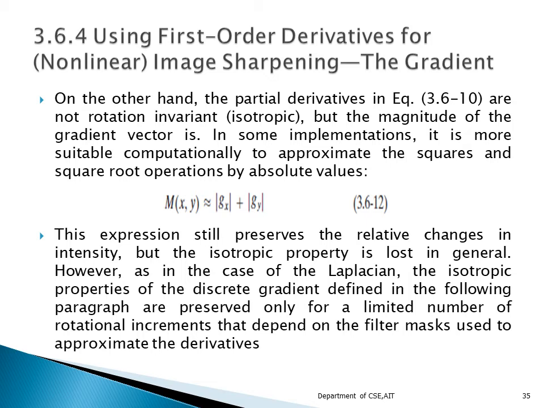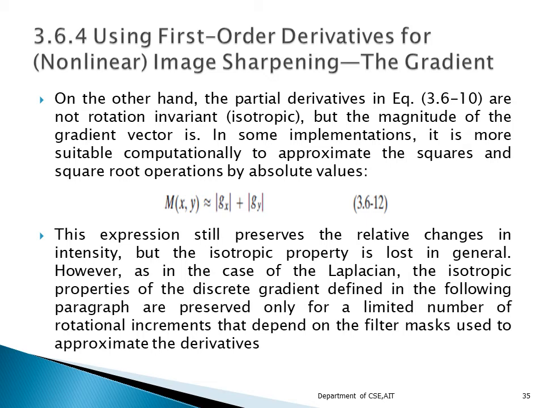That means if you rotate and then apply the filtering, and if you filter and then apply the rotation, it will not give the same result. Whereas in the previous case, the Laplacian, we were getting the same result. It was rotation invariant, but in this case it is not. But the magnitude will be the same thing as in the Laplacian.